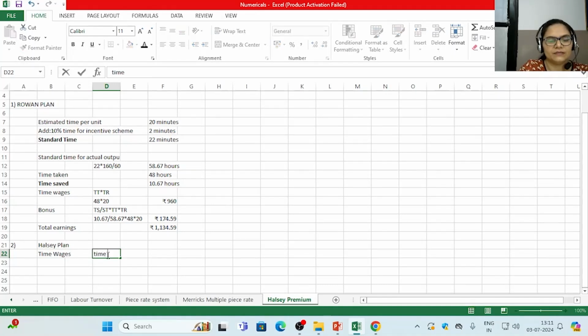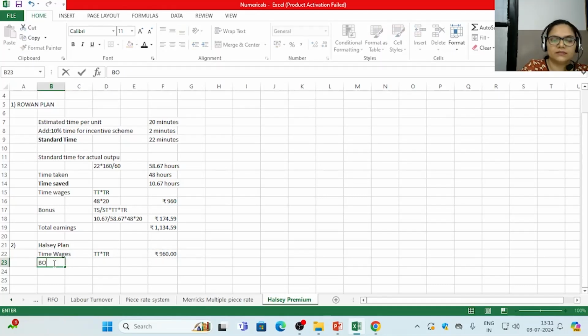Time taken into time rate, which is undoubtedly rupees 960, which we have calculated in the previous Rowan plan also.